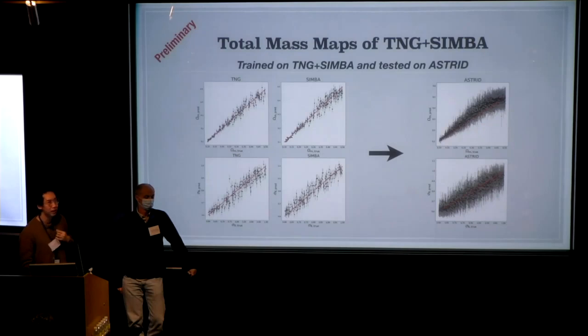But I haven't really carefully looked at why that happens. That kind of behavior is pretty much common across different simulations. So I think I have to take a look.